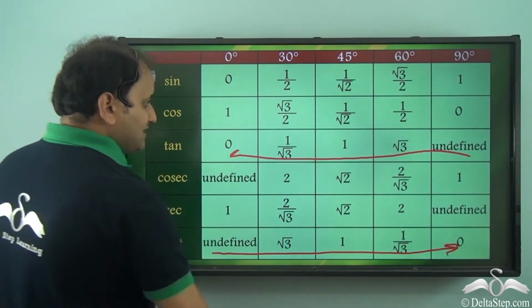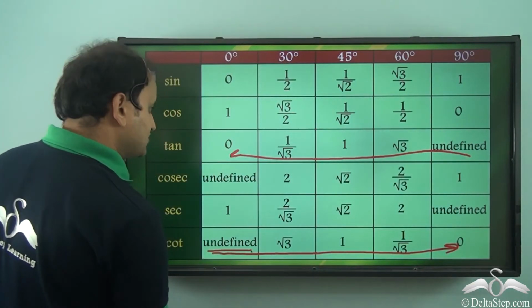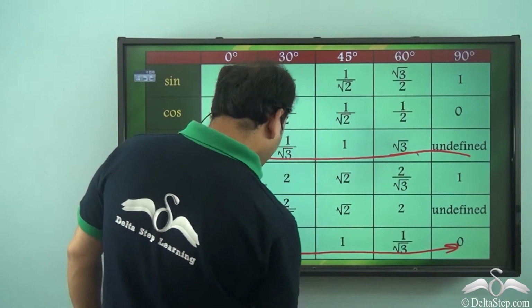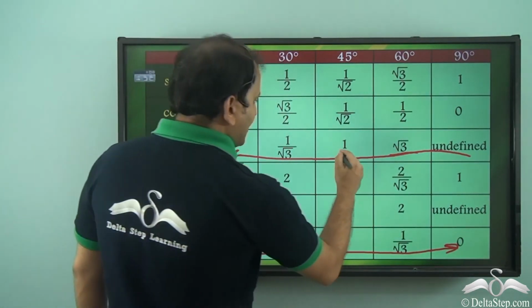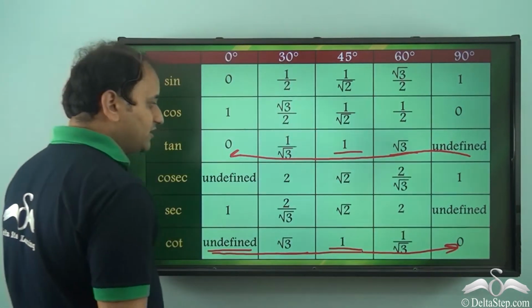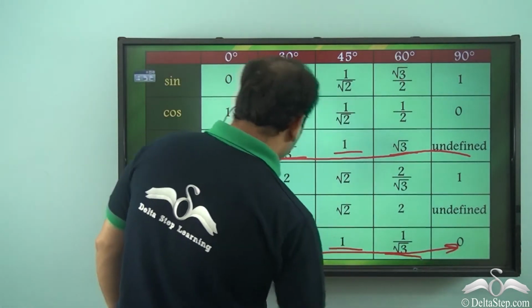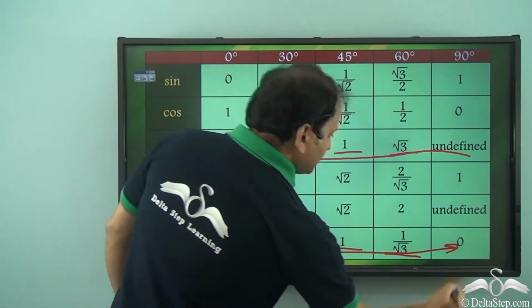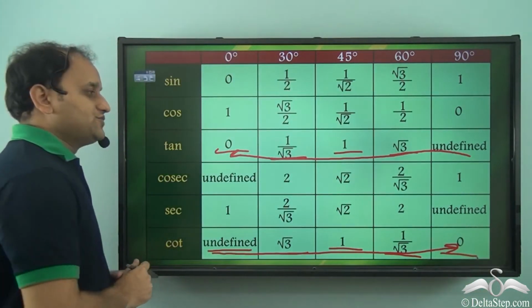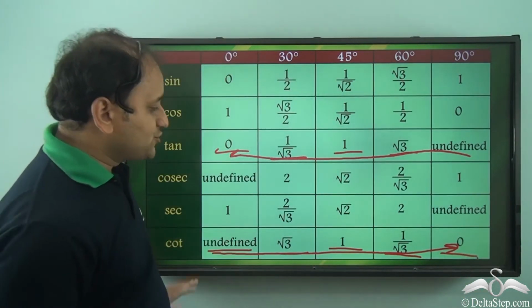So you start from undefined, first value, then you get root 3, second value, then you have 1, this value here, then you have 1 by root 3 here, and then finally you have 0 here. So this is also a way in which you can complete this table.